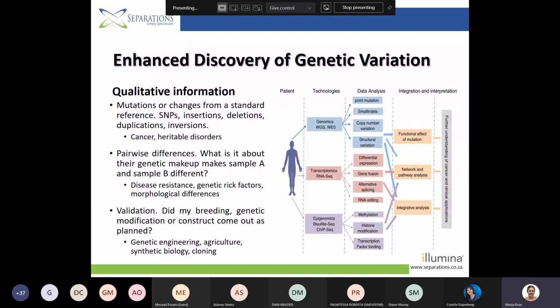So not only do we have a lot of data available to us, we can do it across multiple different samples. And that ideally allows us to have that qualitative information where we not only look at changes in DNA, like SNPs or insertions, deletions, duplications, inversions, but we can also look into transcriptomics and how that RNA changes, either looking into gene expression or gene fusion, alternative splicing, and pairwise differences.